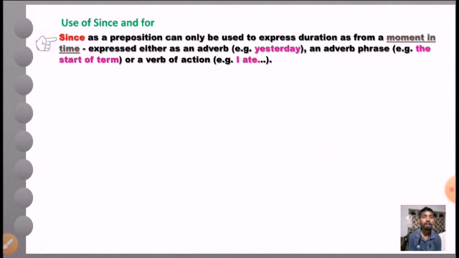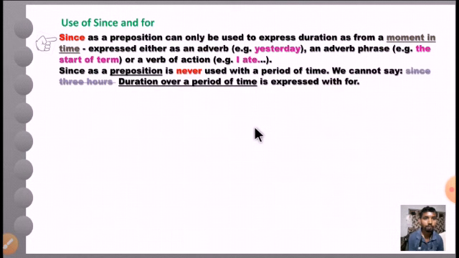There is no exact time, exact date or day. As for a moment in time, express either as adverb, example, yesterday, or adverb phrases, the start of a term or a verb action. So it only means the duration of time. And we can use for.